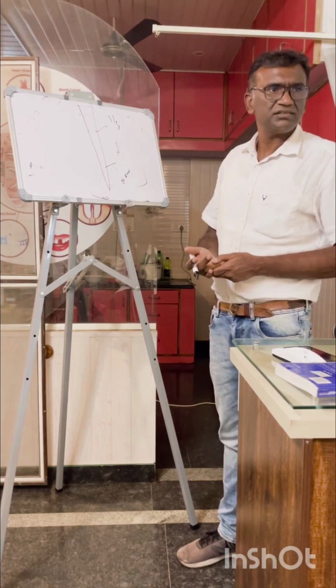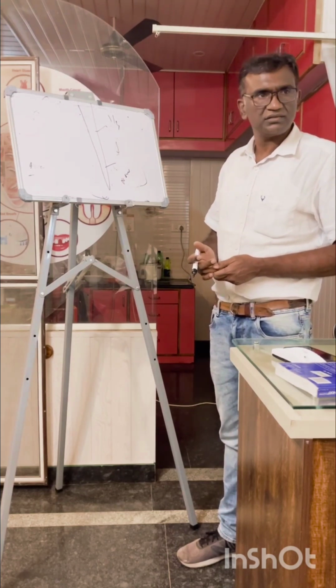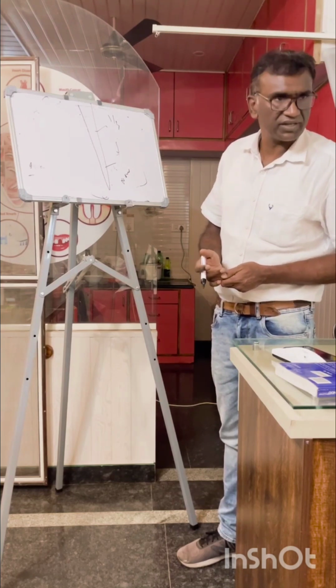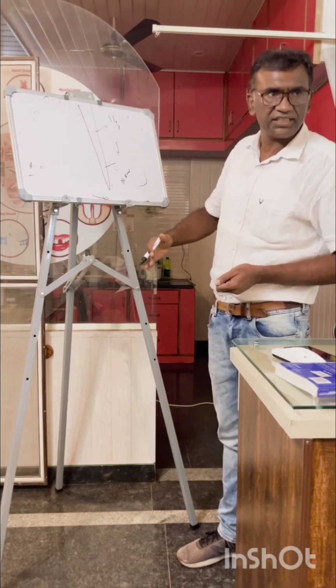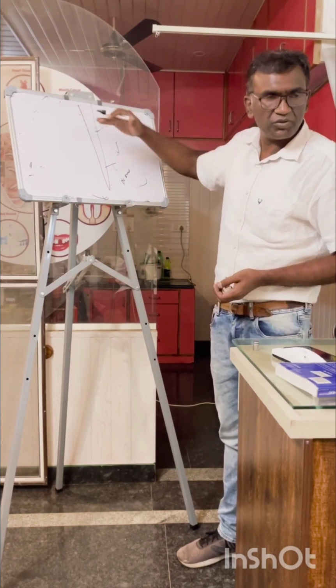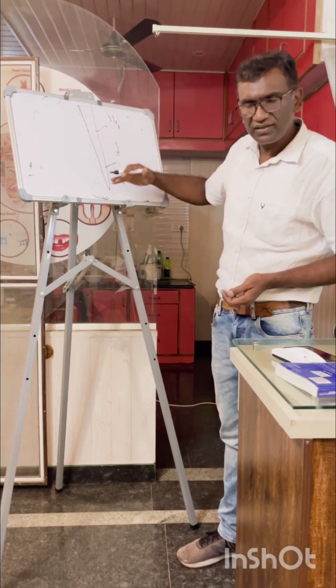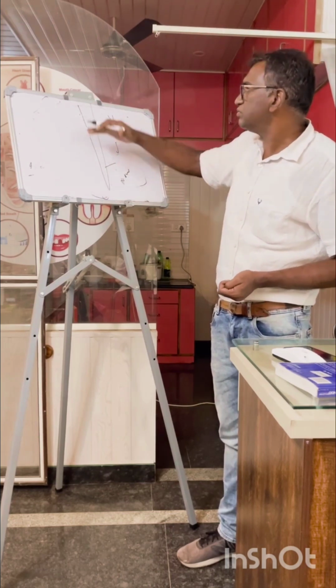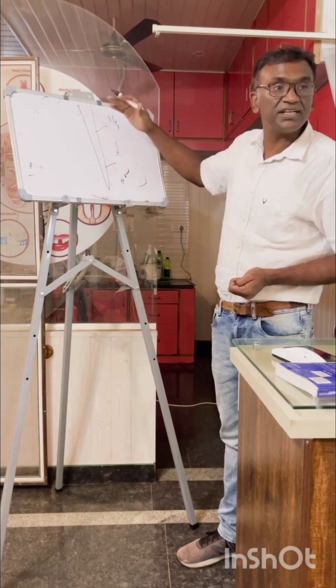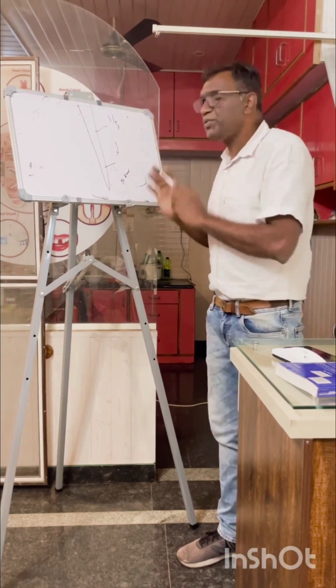Variation in diameter is taper. From orifice to apex, the diameter decreases. Apex to orifice, it increases. That is taper. So that taper you have to follow.